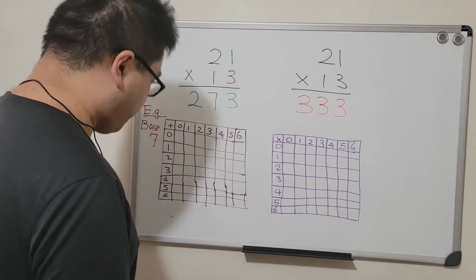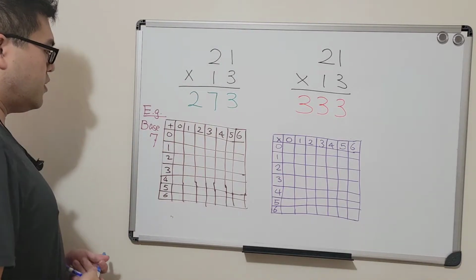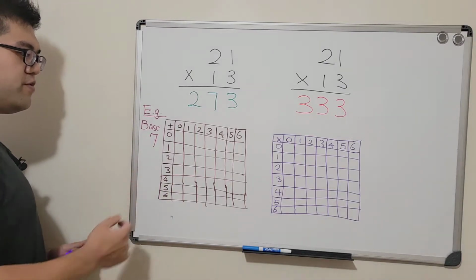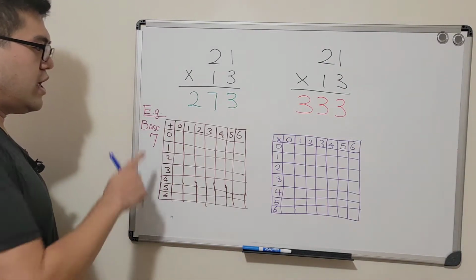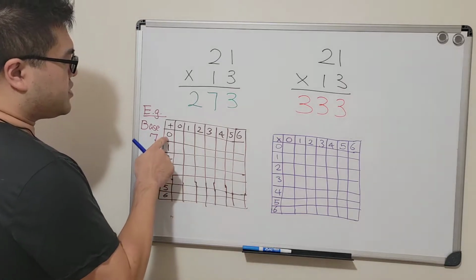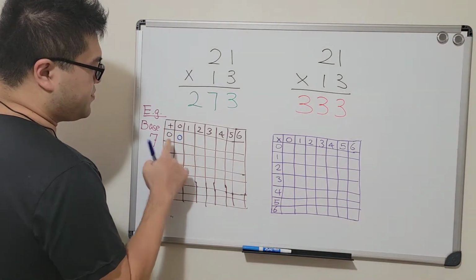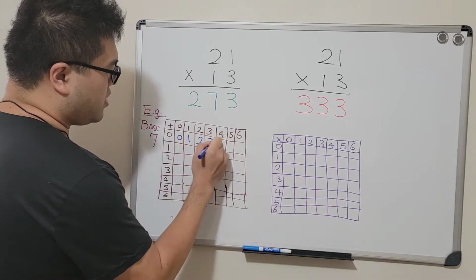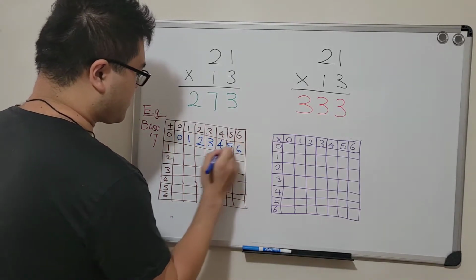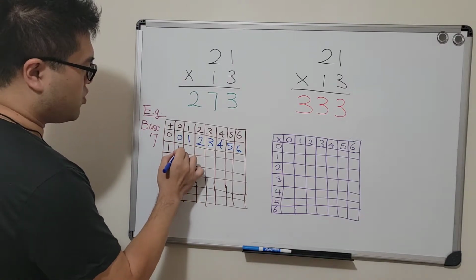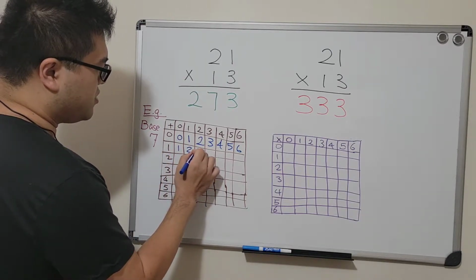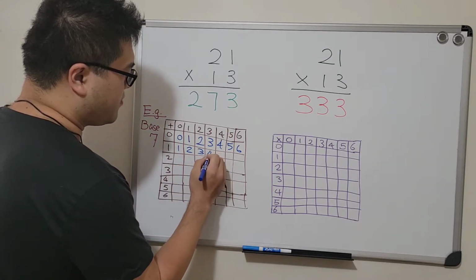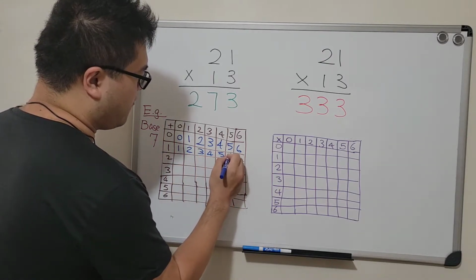For example, if we're doing base 7, where n is equal to 7, let's get the addition table. Well, 0 plus 0 is 0, 0 plus 1 is 1, 0 plus 2 is 2, and so on and so forth. And then 1 plus 0 is 1, 1 plus 1 is 2, 1 plus 2 is 3, 1 plus 3 is 4, then 5, 6.